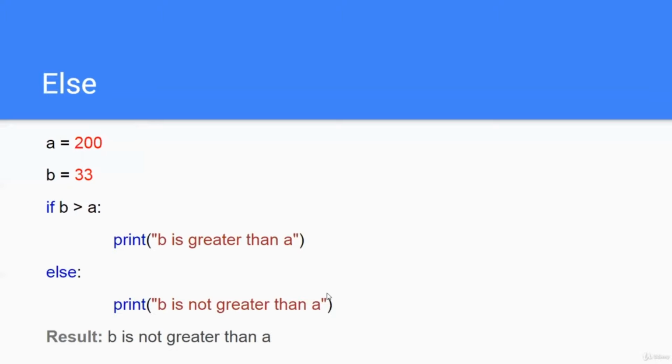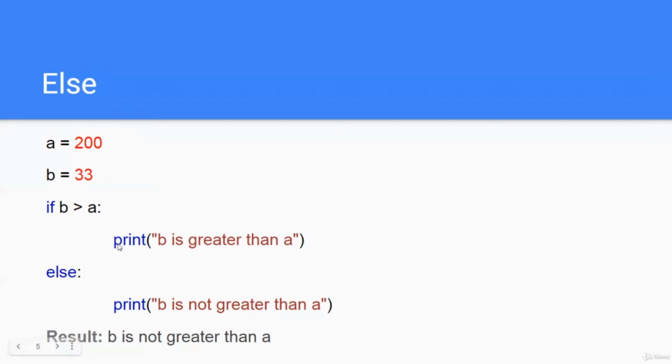Next, if there are two choices, let's say we have A equals 200 and B equals 300. We have to print whether B is greater than A or B is not greater than A. So here A is 200, B is 300. If we write if B is greater than A colon, after this we'll write the print statement for when the condition is true. In this case B is 300 and A is 200, so the condition is false.